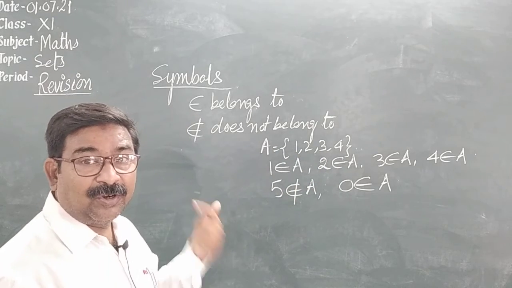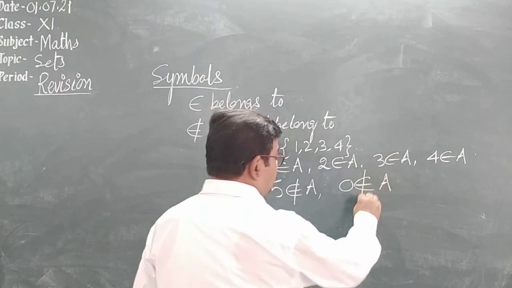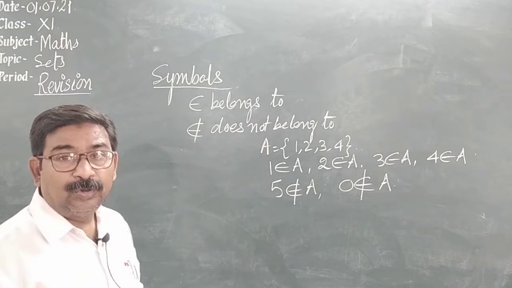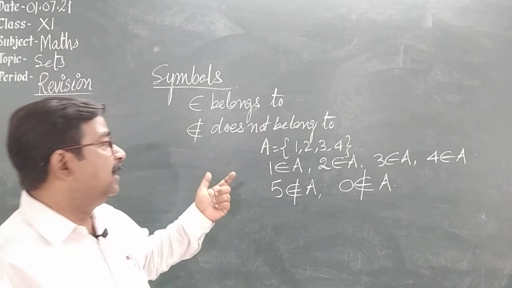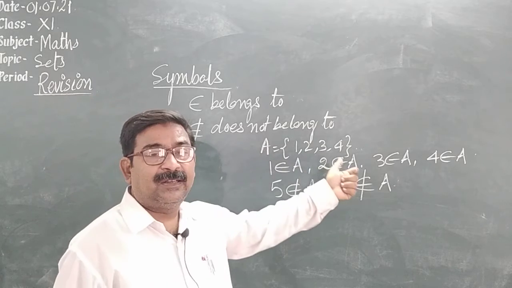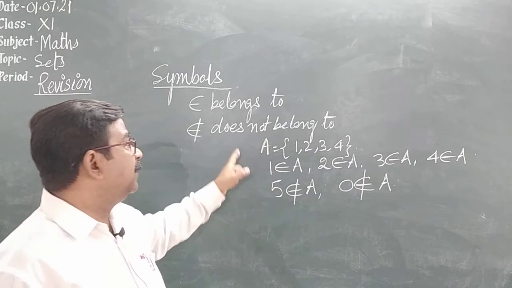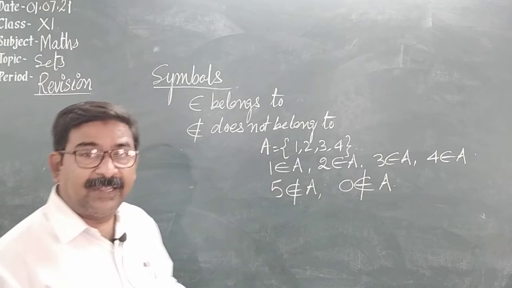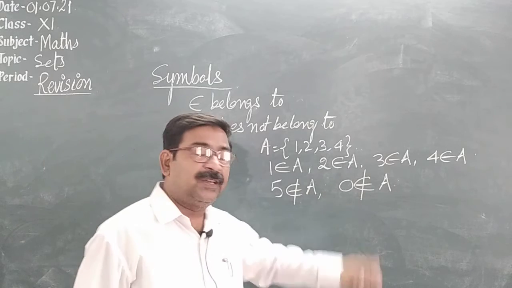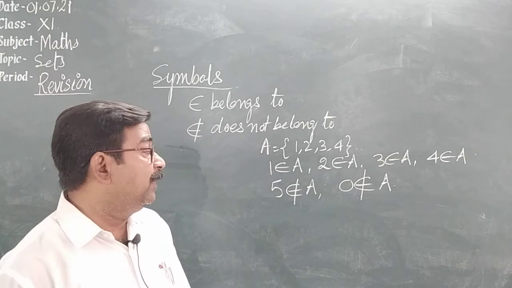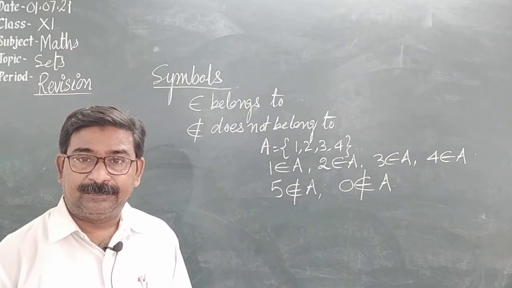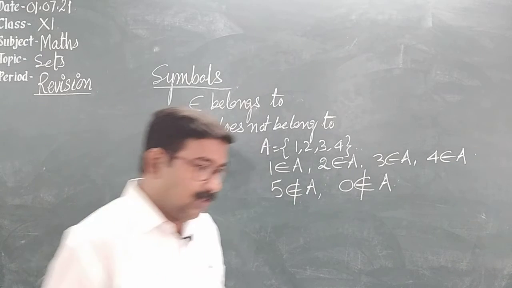If 0 is not in the set, it means 0 does not belong to A. So clearly, if the element is found in the set, we write the element belongs to the set. If the element is not found in the set, we cross that symbol and write element does not belong to the set.